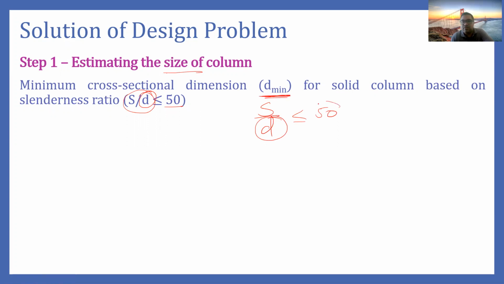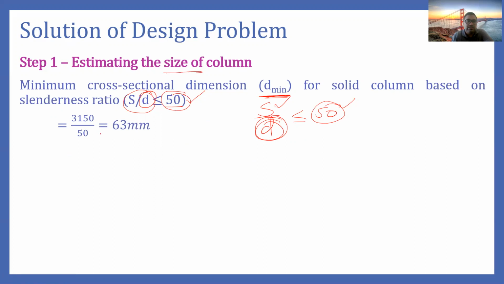Because we know that if the lambda value is higher, the D value will be the least, and if the lambda value is lower, then this D value will be higher. Therefore, the minimum possible cross-sectional dimension as per slenderness ratio criteria: we will equate this S by D with 50, and try to find out the D value. With this, we will have an idea what can be the minimum dimension which the column can have with this much lambda value.